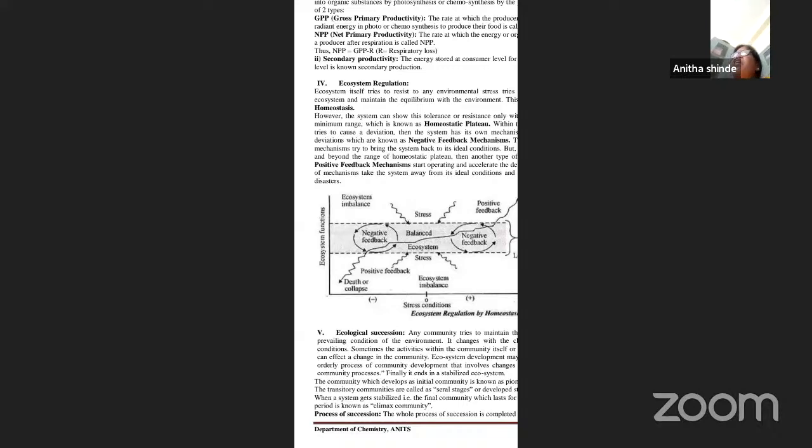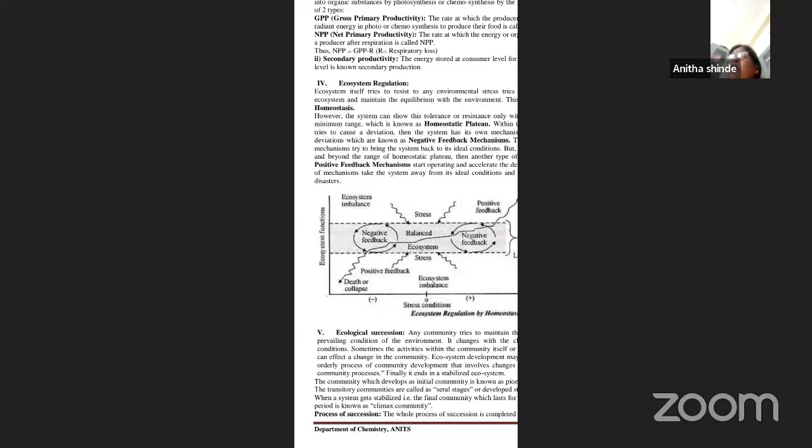Sometimes the activities within the community itself bring a change, or affect a change, in the community. What happens in that case? Ecosystem development will take place. So what is ecosystem development? Nothing but community development.